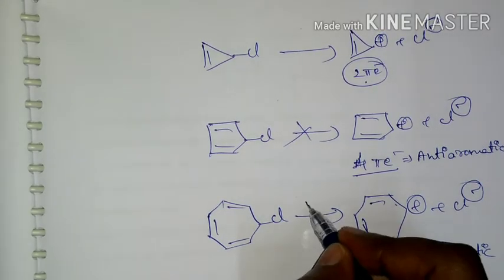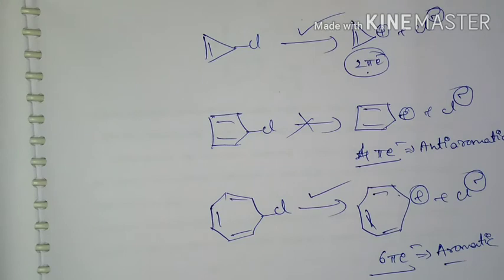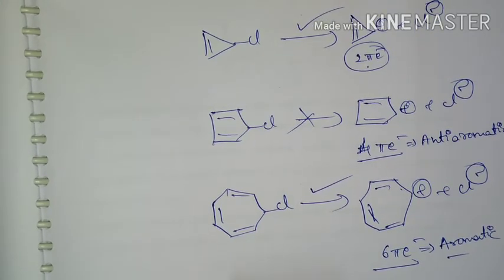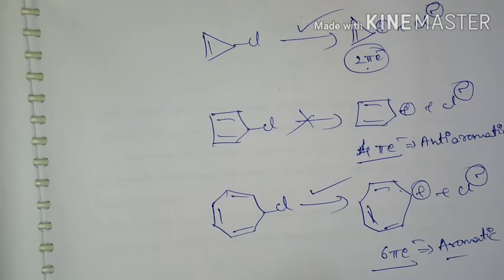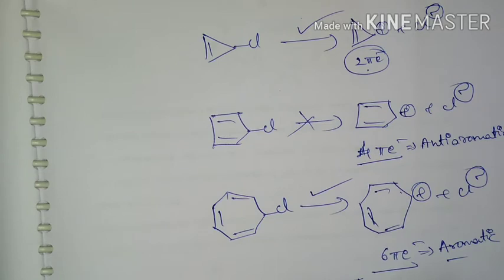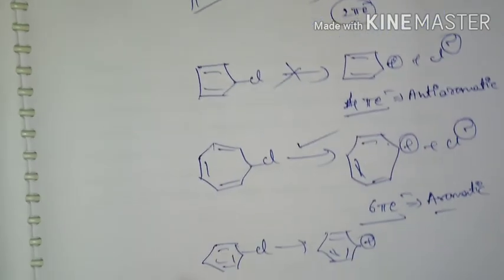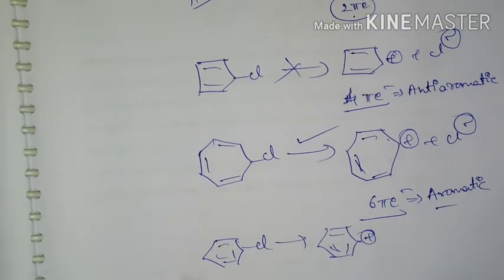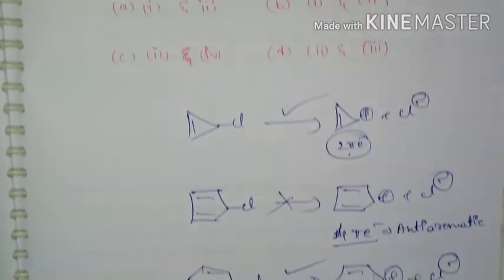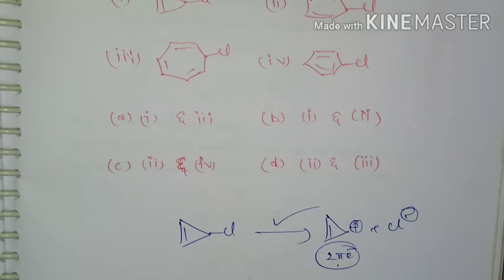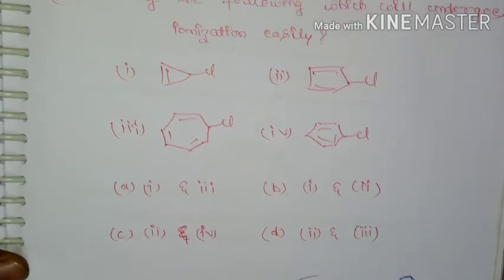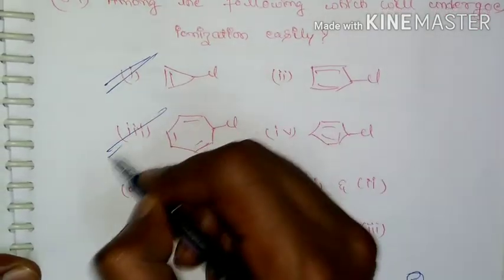So this is also undergoing very easy ionization. And if you come for chlorobenzene, we know this phenyl cation is not stable, okay, this is highly unstable, so it will not undergo easy ionization. So based on this, which of the following will undergo easy ionization is 1, 3.